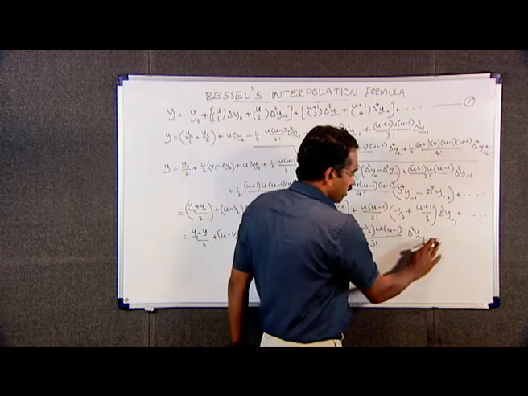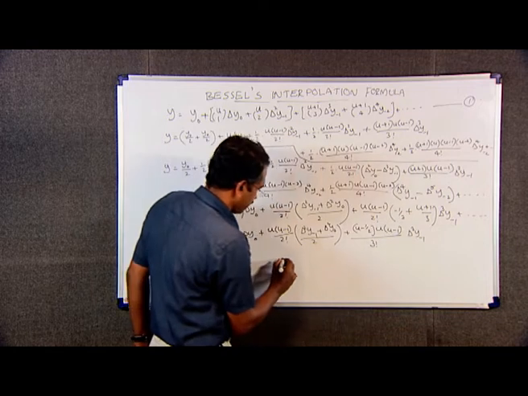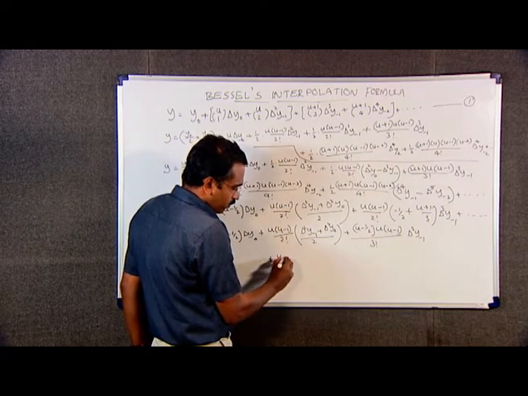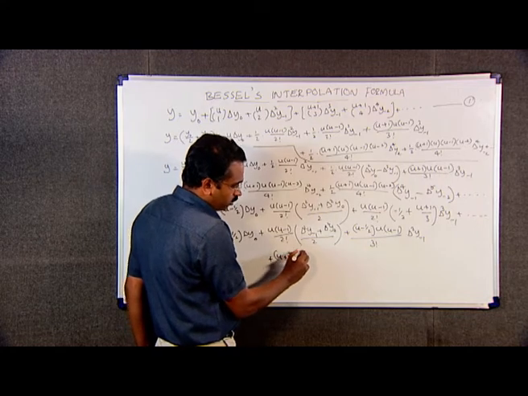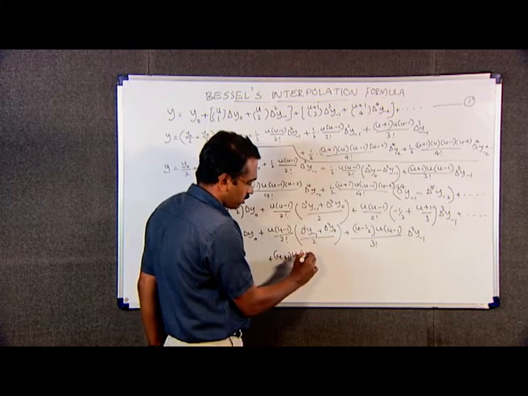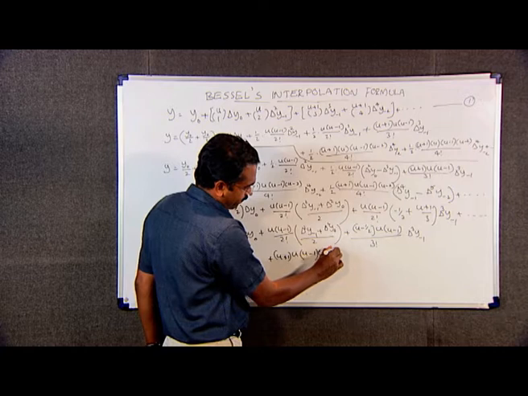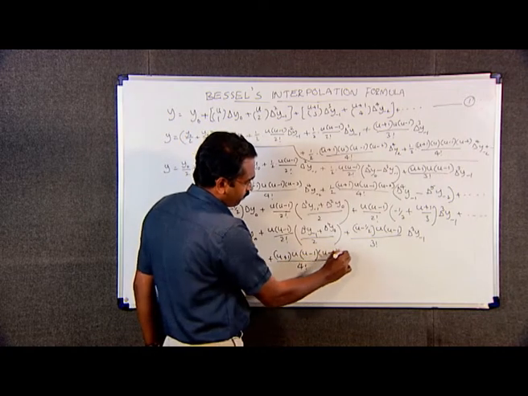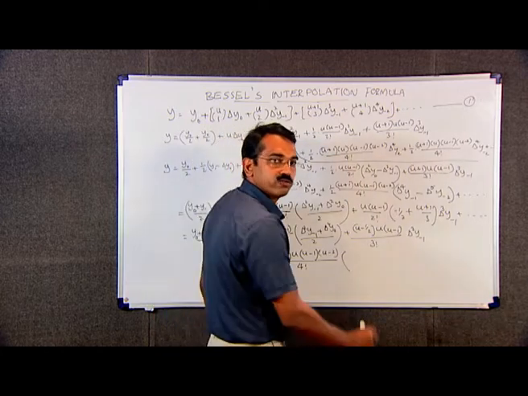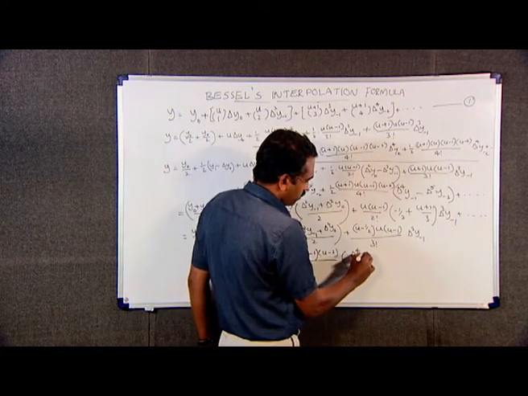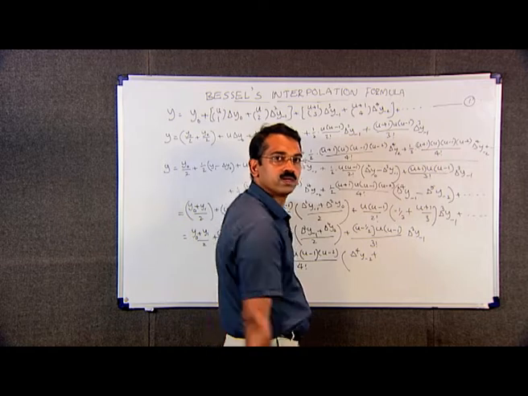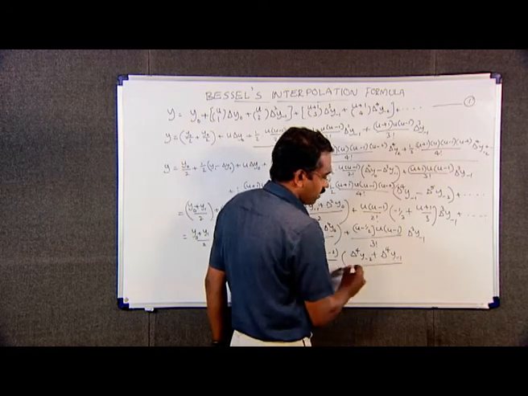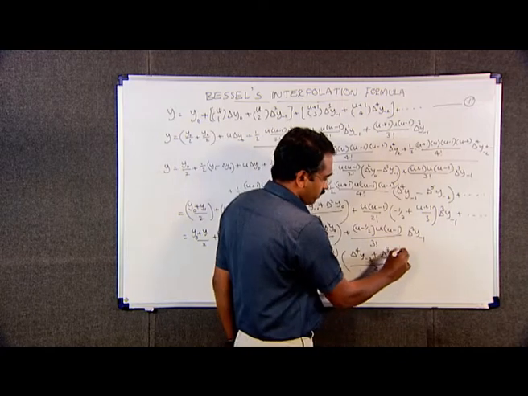The next term is this plus u plus 1 into u minus 1 into u minus 2 divided by 4 factorial into delta raised to 4 y minus 2 plus delta raised to 4 y minus 1 divided by 2.